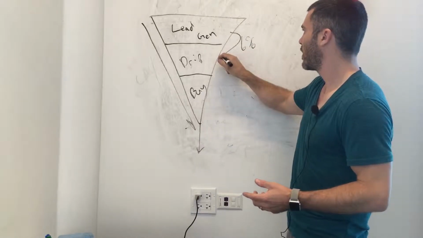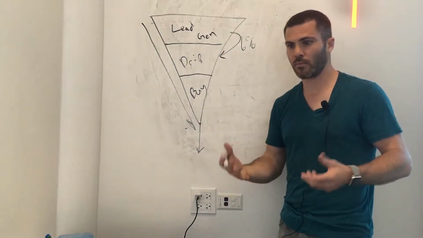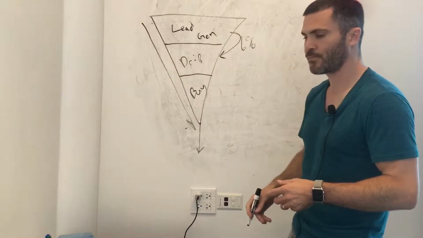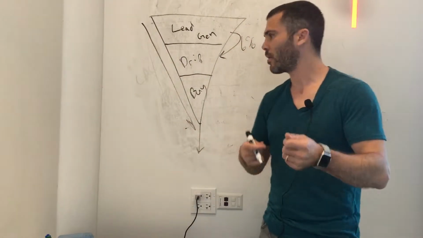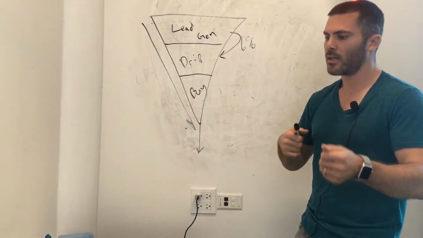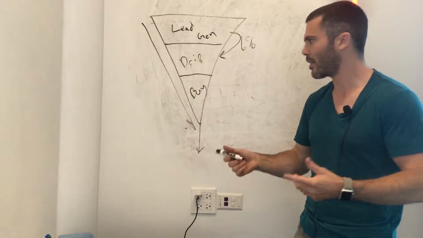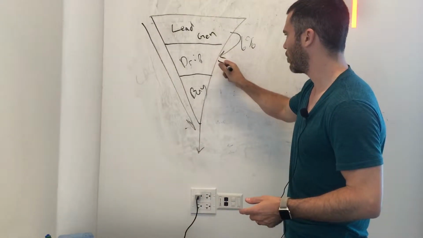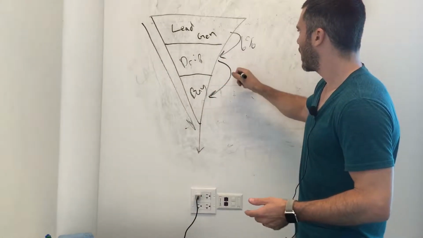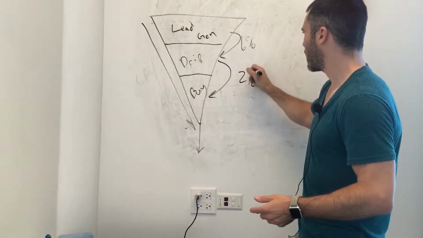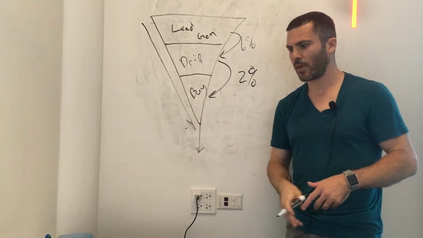So the success of my lead generation process is about 6%. Then I follow that up with a drip campaign, meaning I'm sending them weekly emails or something like that to try to convert them to buy my product. And what we see is about a 2% success rate for that drip campaign.